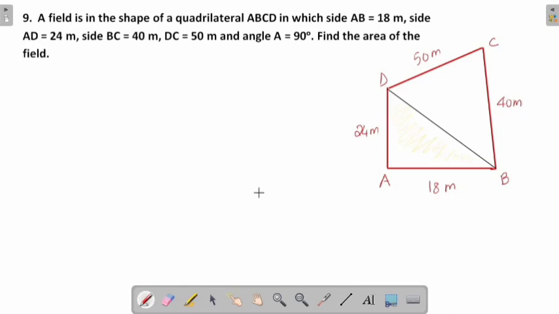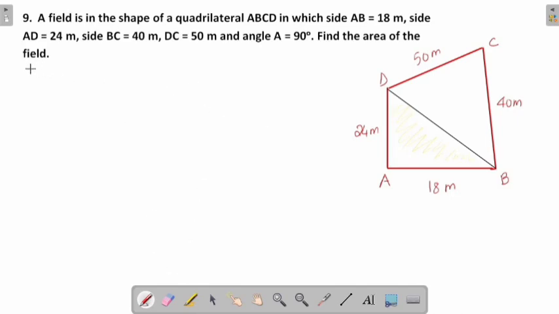Is this a right angled triangle? Yes. Basically, if I join these two, I get a right angled triangle. We know AB and we know AD, so will I be able to find BD using Pythagoras theorem, which you learned in class 7, right?